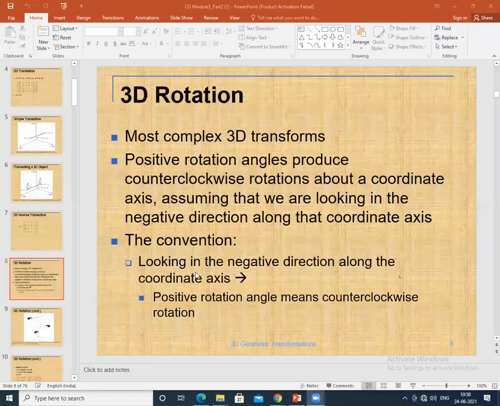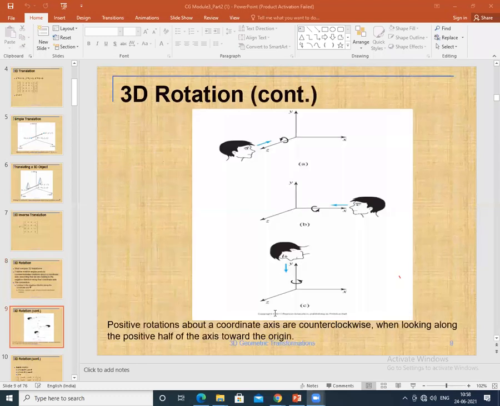Here are a few of the conventions in three-dimensional rotation. A positive rotation angle means counterclockwise direction, not clockwise. This is a rotation along the x-axis, y-axis and z-axis in the counterclockwise direction, which is positive.